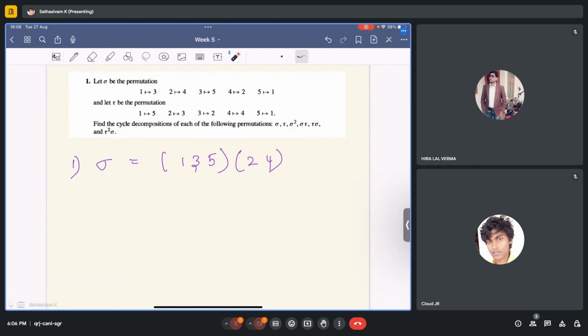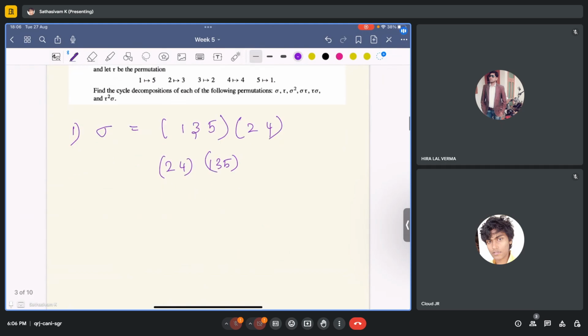But you can also write it as (2 4)(1 3 5), depending on which number you start with. If you start from 2, you get (2 4)(1 3 5).